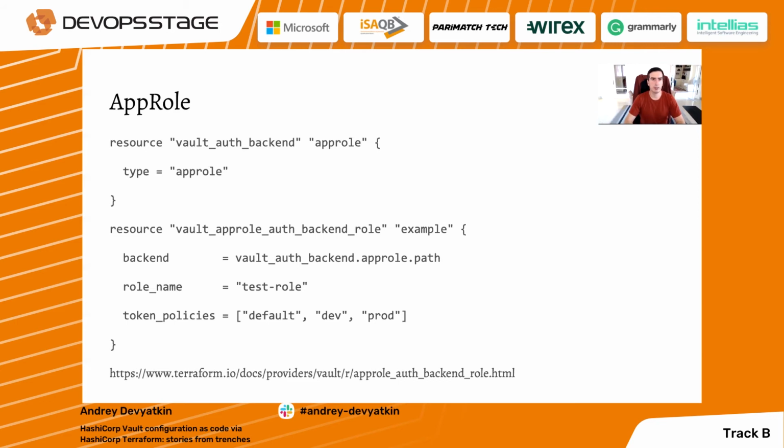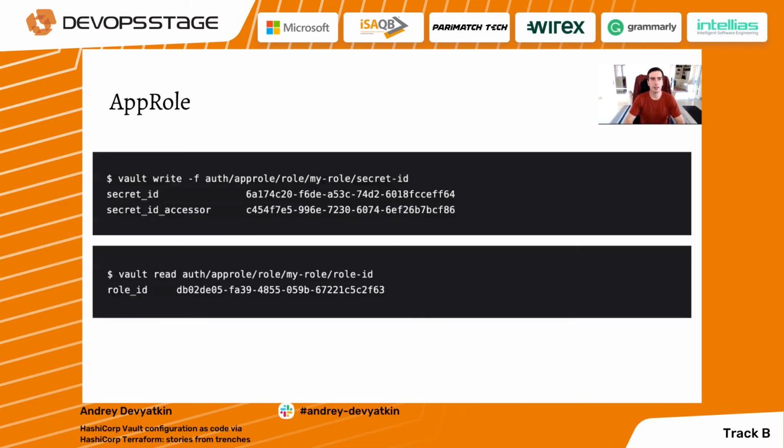This is how you create it. You create a backend, then you create a backend role. So you define the role name, and this role name will get those token policies, right? And then you basically use CLI to get a secret ID and a role ID. Role ID is a login and secret ID is your password. You don't have to do that through CLI.